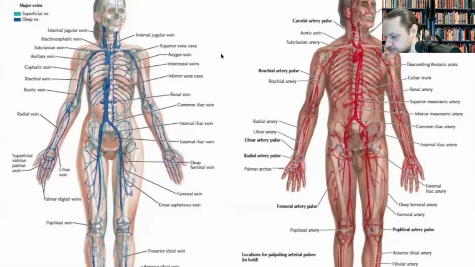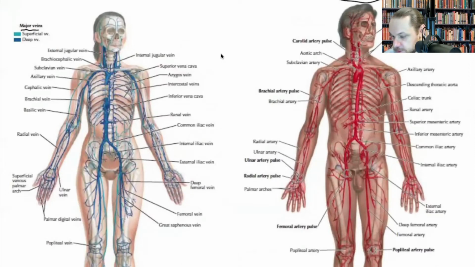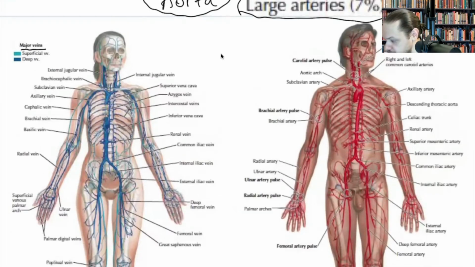Right. So here we have the two systems. We have the venous system, the major veins, and we have the major arteries, the arterial system, here. So the main point that I want to draw your attention to is that the venous system and the arterial system are not the same thing, right? As I said, about 64% of your blood is found in the major veins.